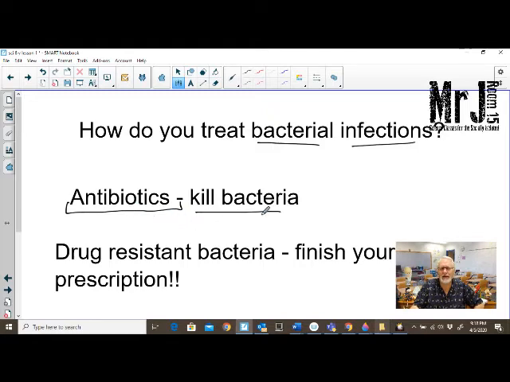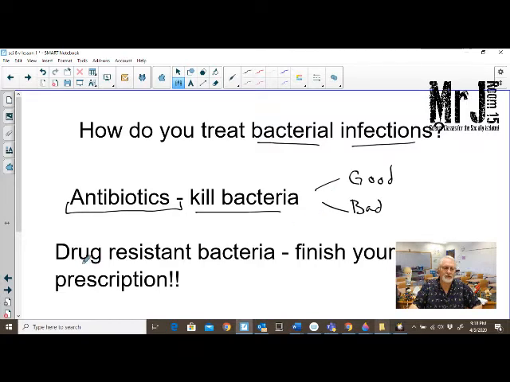So antibiotics kill just the bacteria in your body. But it kills both the good and the bad. So sometimes if you've had to take a lot of antibiotics, they might say you'd best eat some more yogurt to build the bacteria back up in your body.